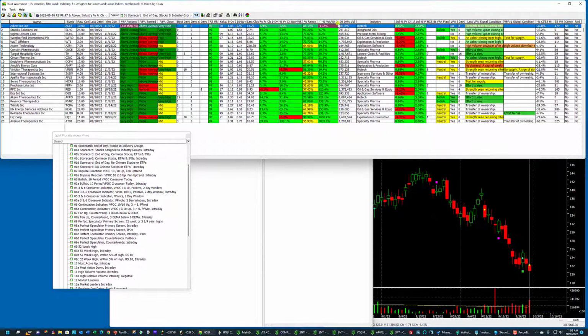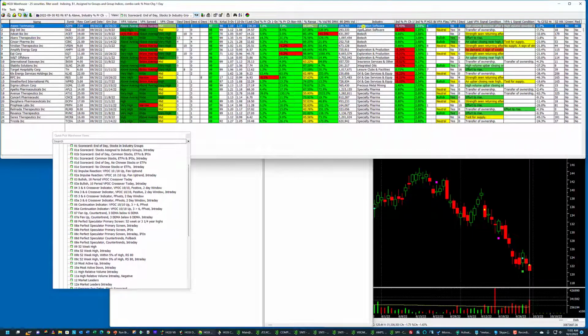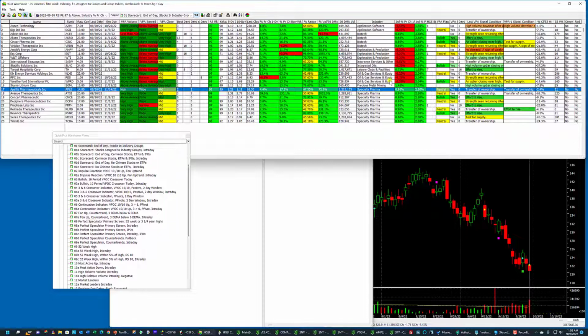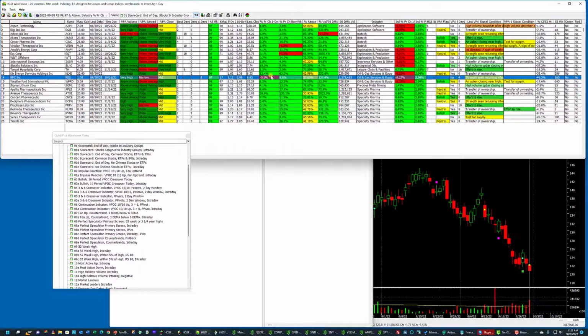The groups that are represented are application software, biotech, exploration and production, and specialty pharma. You can see there's a lot of specialty pharma here. Now these have to have an RS rank of at least 97, and you can see that all of these are up except for one, and it was down barely.